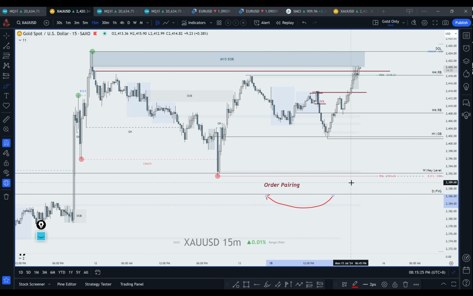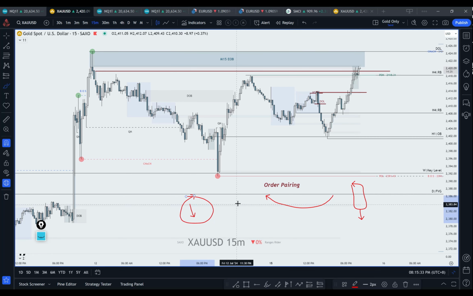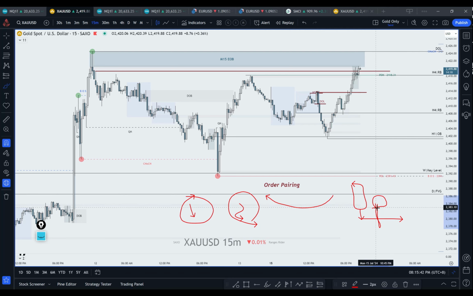Okay, so for example, if this is the level, the price closed lower. This is point number one. Point number two is the next candle takes the low but rejects and closes here or maybe here. If it closed here, okay, good.